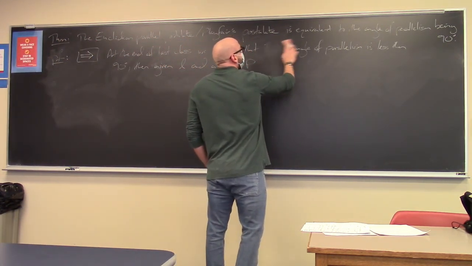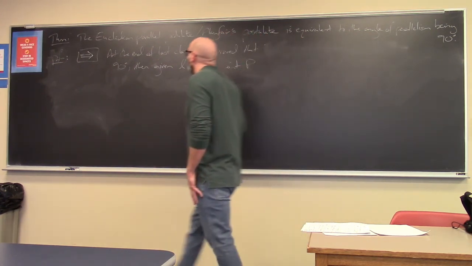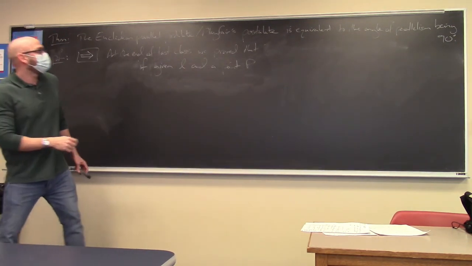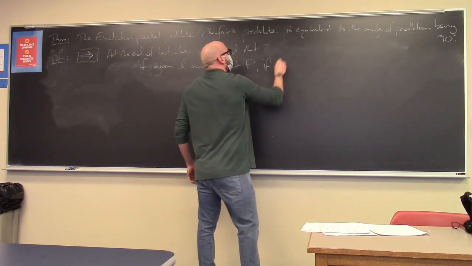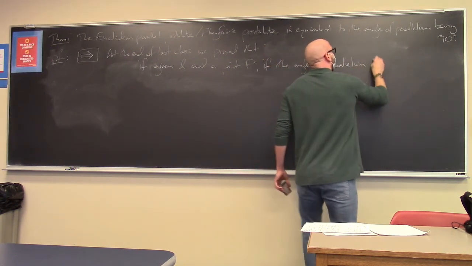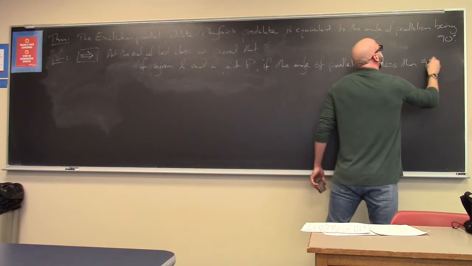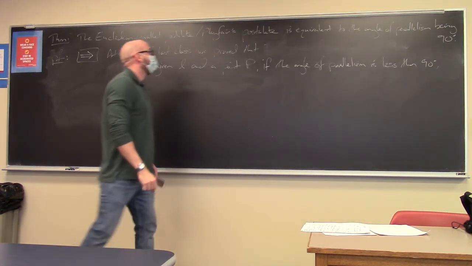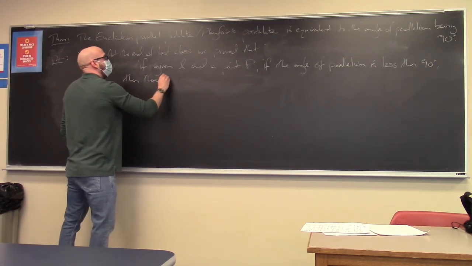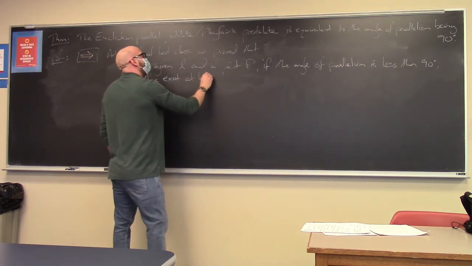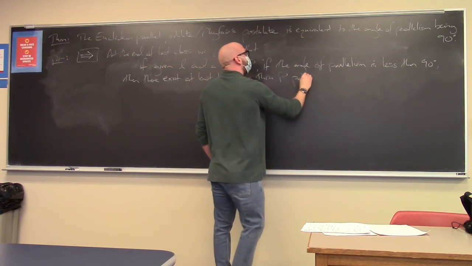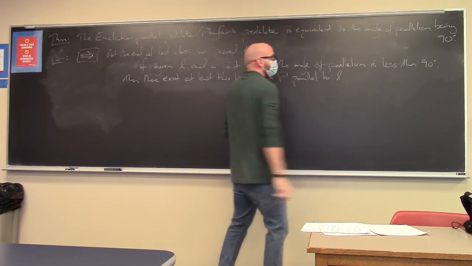We proved that given L and a point P, if the angle of parallelism is less than 90, then there exist at least two lines through P parallel to L.